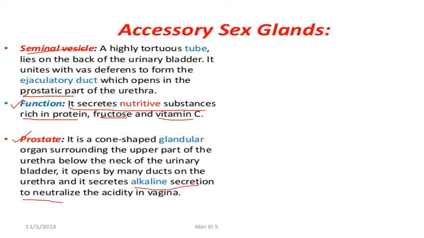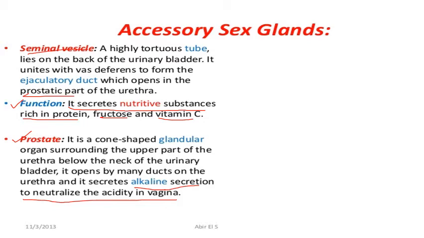What does this alkaline secretion help with? The alkaline secretion secreted by the prostate gland helps to neutralize the acidity in the vagina, to maintain a kind of environment. So this is done by the alkaline secretions of the prostate gland.